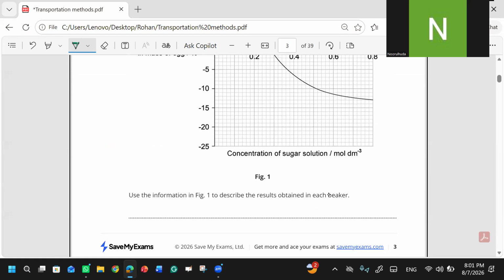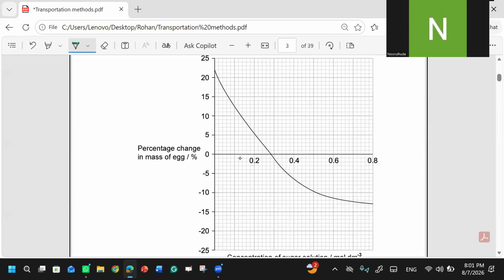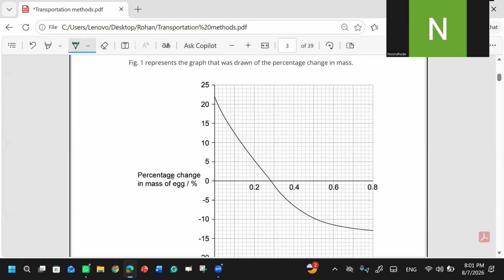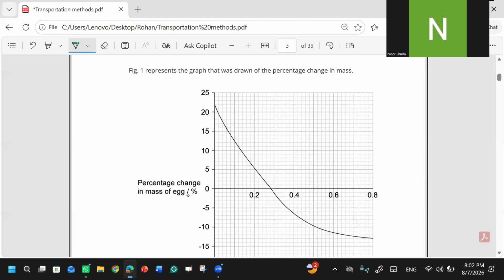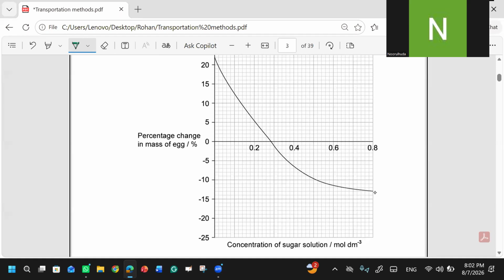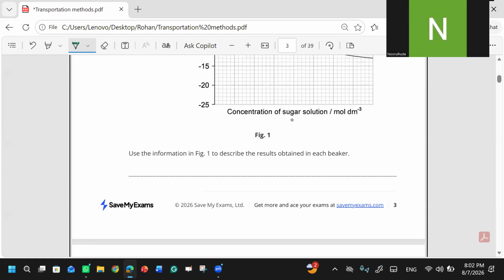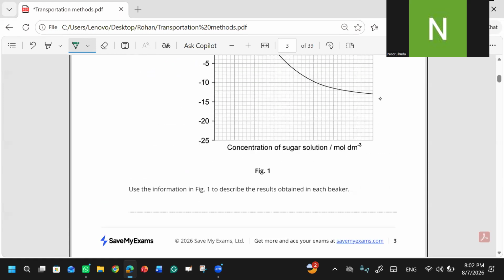Using information, describe the result in each beaker. On this side, they have mentioned the percentage changes, right? And the mass. Initially there was more change, and afterwards the percentage change is very small. And the concentration of sugar solution is increasing.